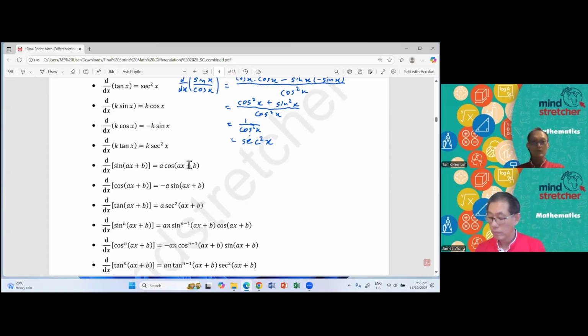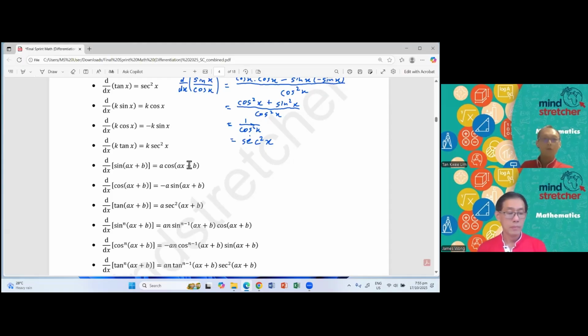Then we have to consider the chain rule again. The sine, we will differentiate to change to cosine, but keep whatever is inside the same, right? Then after that, we differentiate whatever is inside here, and differentiating ax plus b, I will get a only, right?